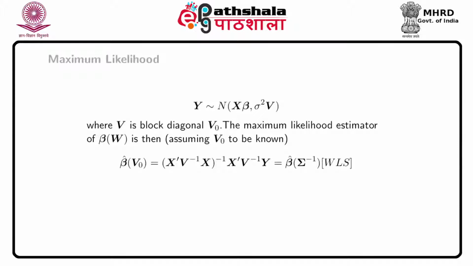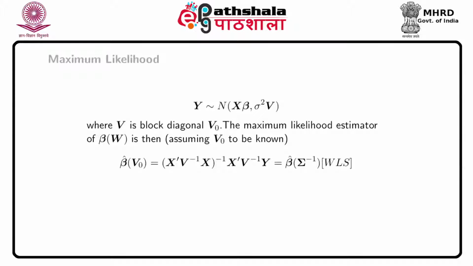Now the log likelihood in this case is a function of beta, sigma square and V naught, and it comes out to be minus half n m log sigma square plus m log determinant of V naught plus 1 by sigma square, y minus x beta transpose V inverse, y minus x beta.